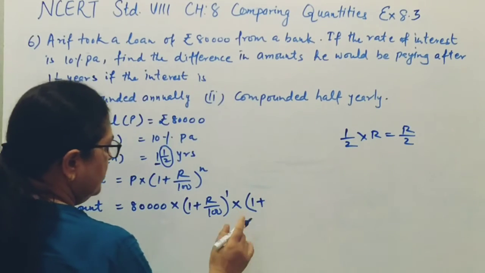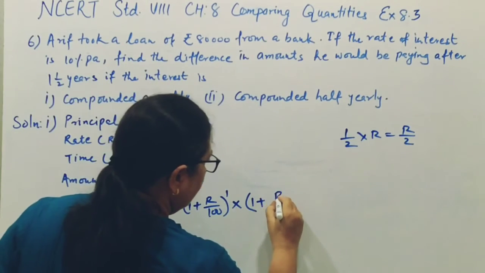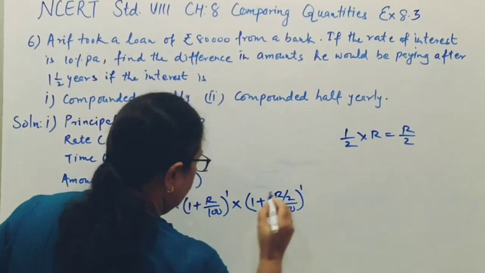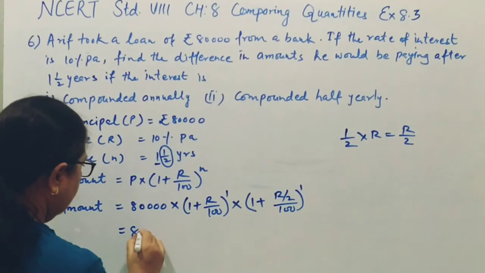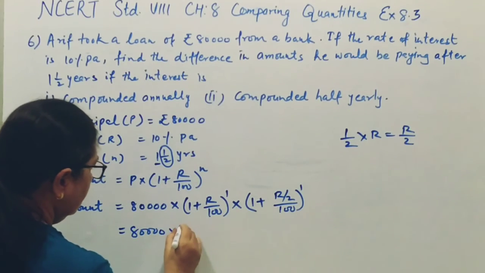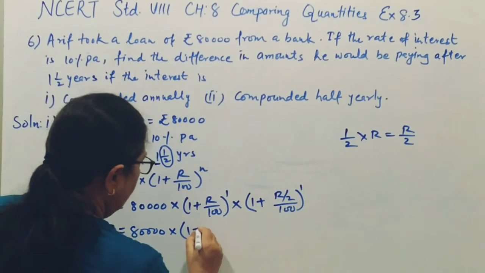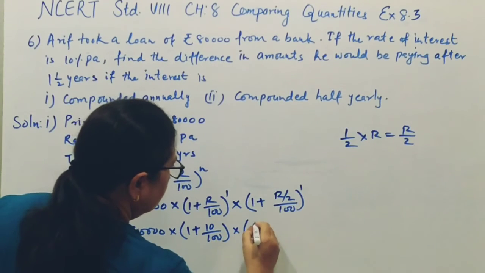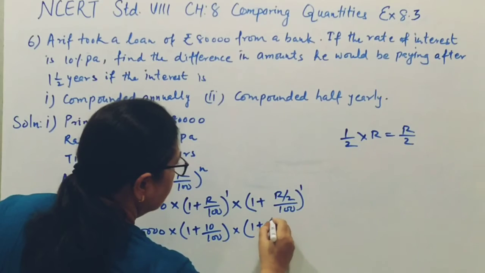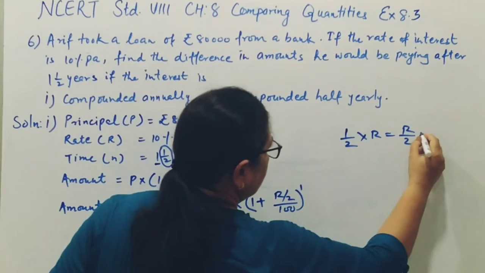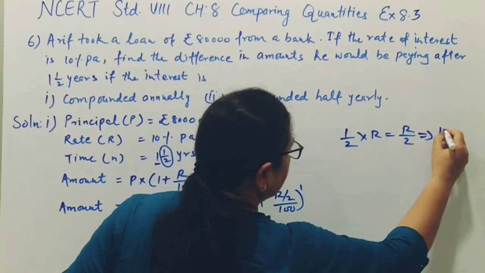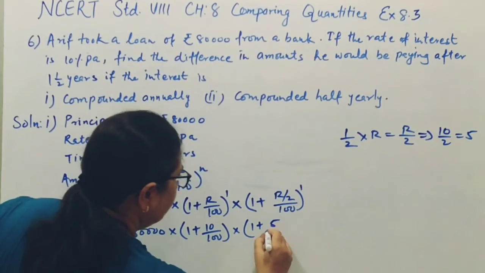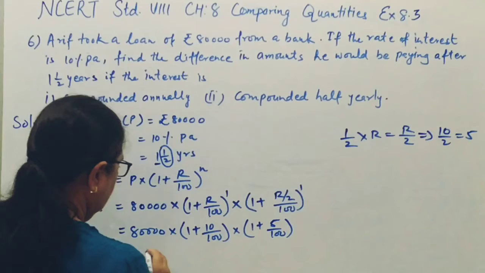So in the second bracket we will have 1 plus R upon 2 upon 100 raised to power 1. So it is 80,000 into 1 plus 10 upon 100 into 1 plus R upon 2. Here it is 10 upon 2, that is 5. So we'll get 5 upon 100.